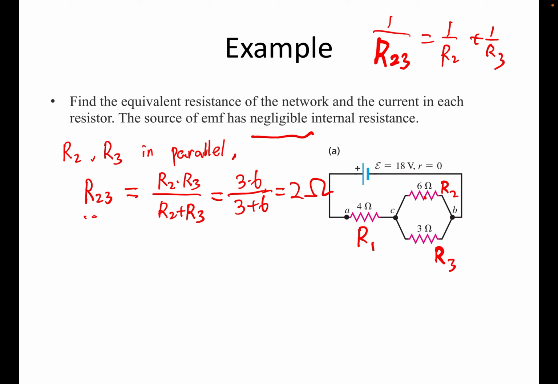And then we can simplify the circuit to R1 and R2,3, and R1 and R2,3 are in series.